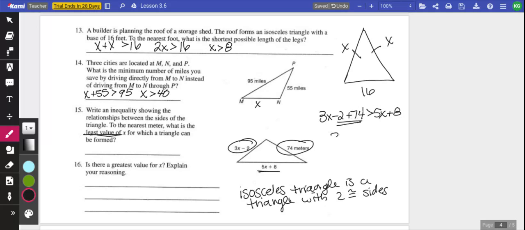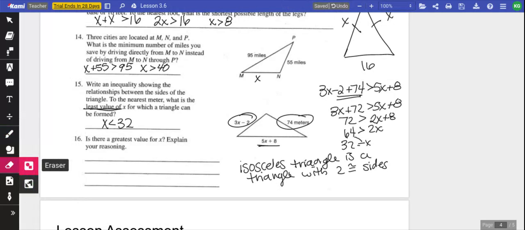Combine those like terms. So 3x plus 72 is greater than 5x plus 8. Subtract 3x to both sides. Subtract 8 to both sides. Divide it by 2. And x is less than 32 meters.